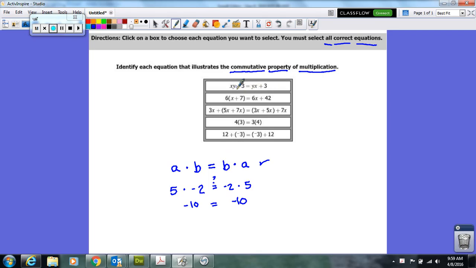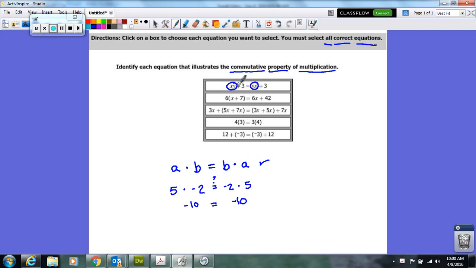As I look at this very first option, it says x times y plus 3 is the same as y times x plus 3. Initially you might say, well, there's addition in this, and I don't see any addition in the commutative property for multiplication. I would agree, but we also have to pay attention that there's multiplication in this. We have the x and the y connected together via multiplication, and we have the y and the x connected together via multiplication.